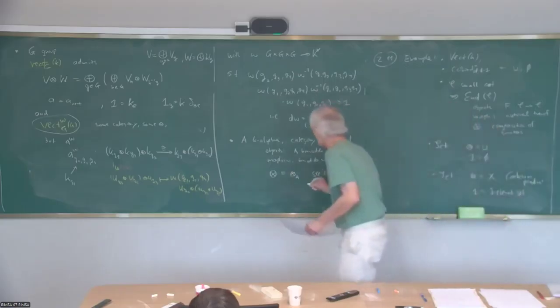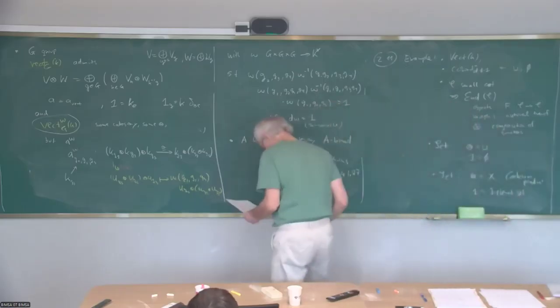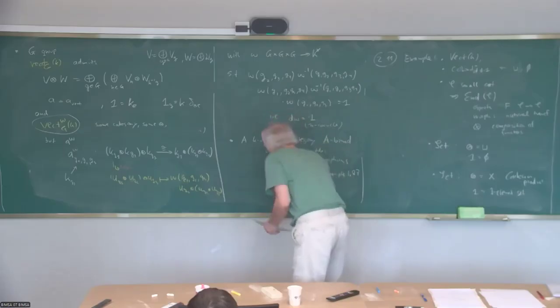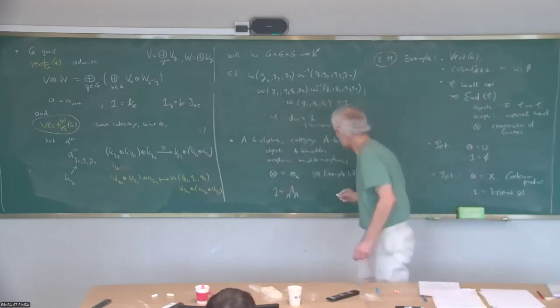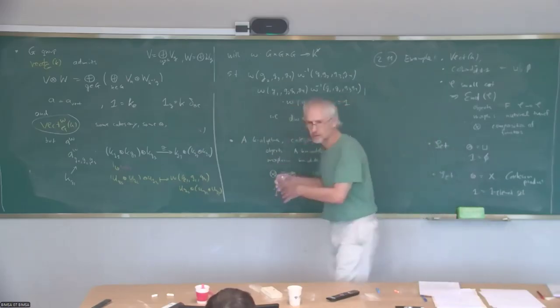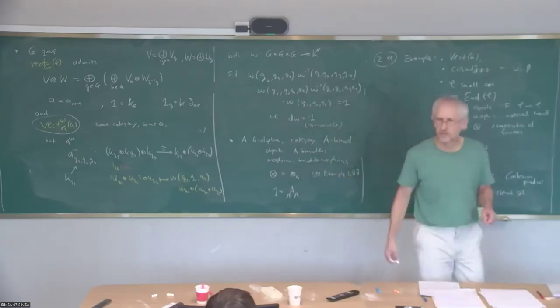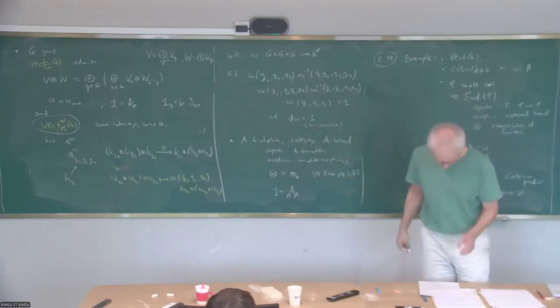And what is the tensor unit in this case? This is the regular A bimodule, so A regarded as a left and right module over itself, meaning that the left and right actions of A are just given by the product multiplication.